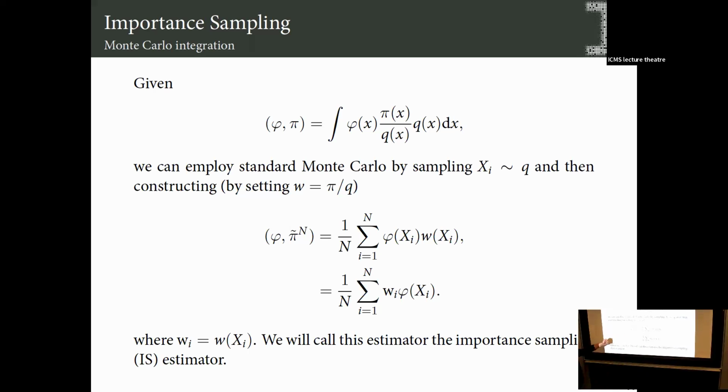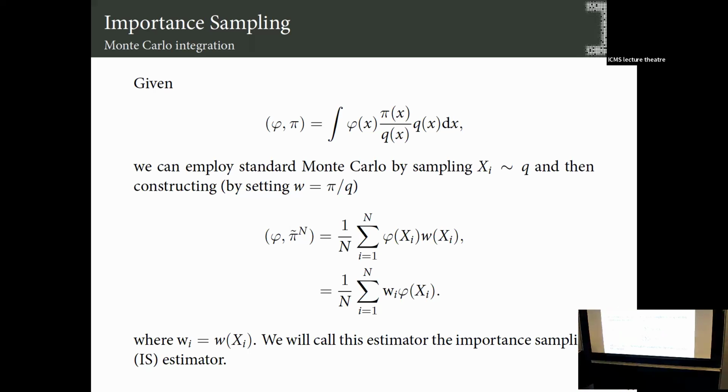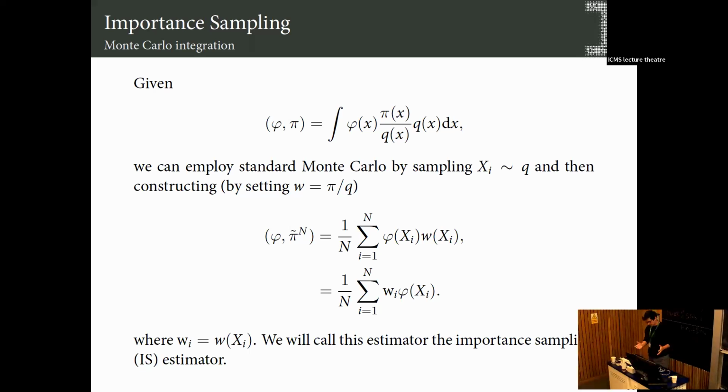Of course, you can evaluate that W function. Provided that that is the case, this is the importance sampling estimator. So there is a difference between the importance sampling estimator and the self-normalized one. The self-normalized one will not assume pi is available to us, which is obviously the case always. But this one is the basic IS estimator, and that is as simple as this.